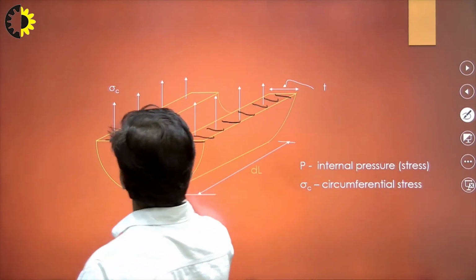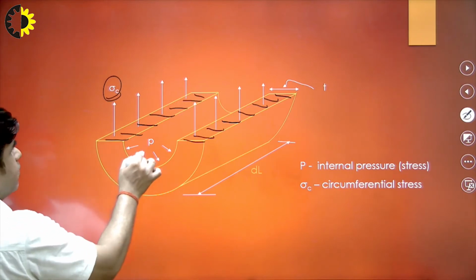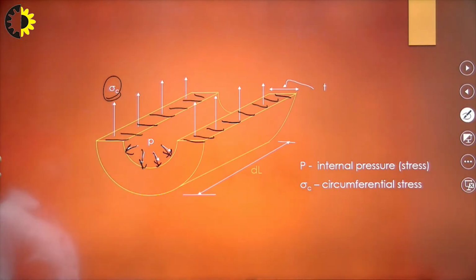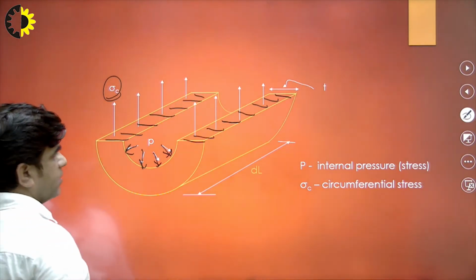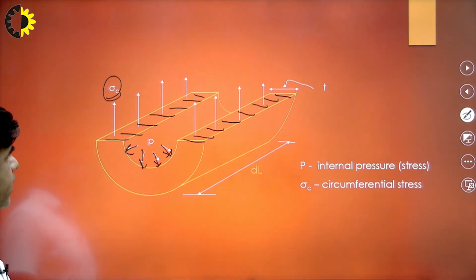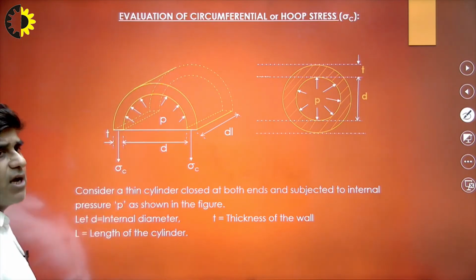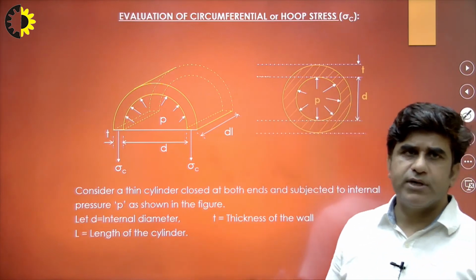This is the thickness of the wall of the cylinder, and stress induced in the material is sigma c, and the fluid pressure acting is P. Since I have considered the elementary length of the cylinder, say dl, I can evaluate the circumferential hoop stress.